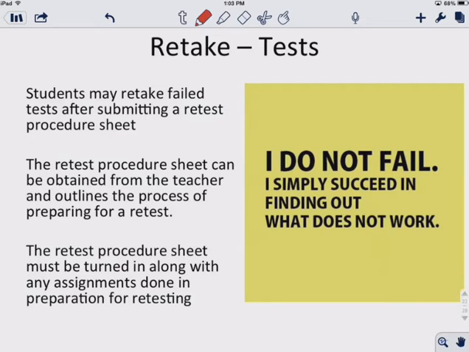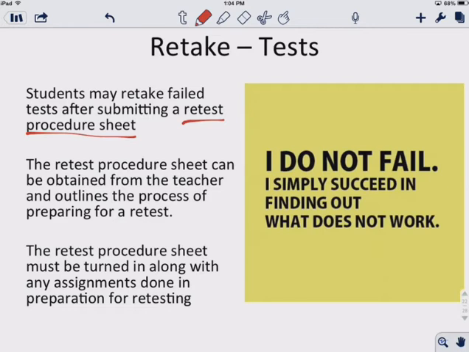If you fail a test after submitting a retest procedure sheet, you will be able to retake that test. You can get this from me, and it will outline the process for preparing for a retest. Retest procedure sheets must be turned in with any assignments done in preparing for retesting.